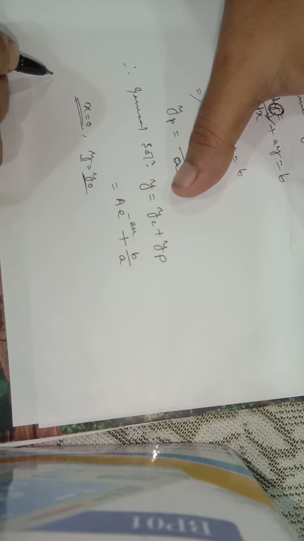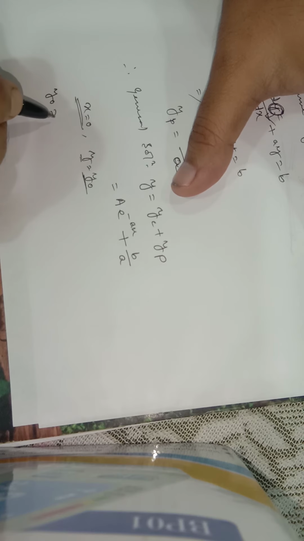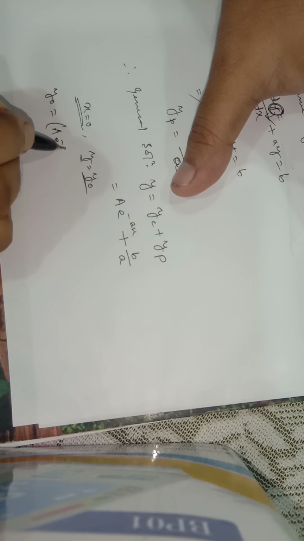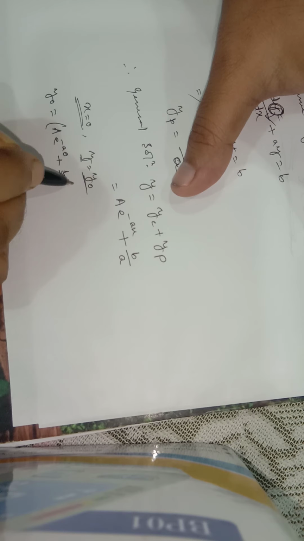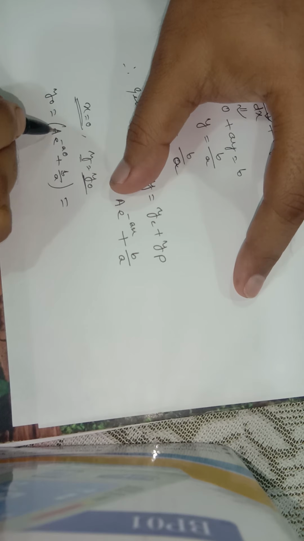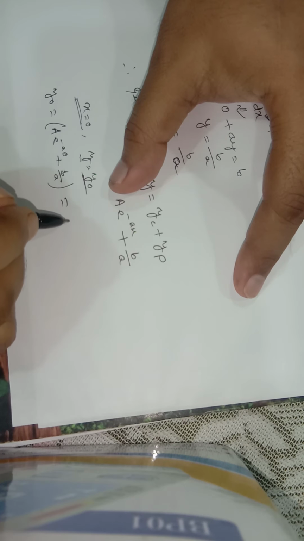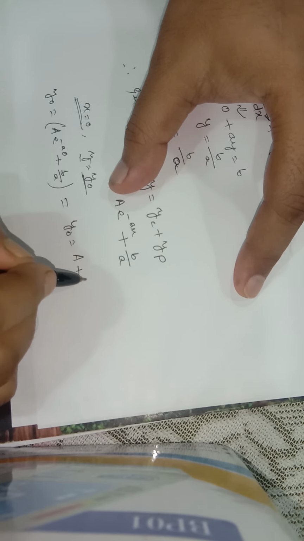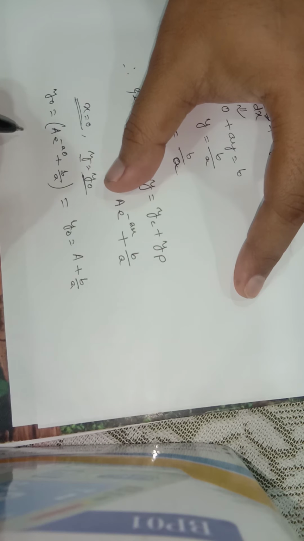Therefore, putting x is equal to 0, we get y naught is equal to a into e to the power minus a into 0 plus b by a, or y naught is equal to a plus b by a.